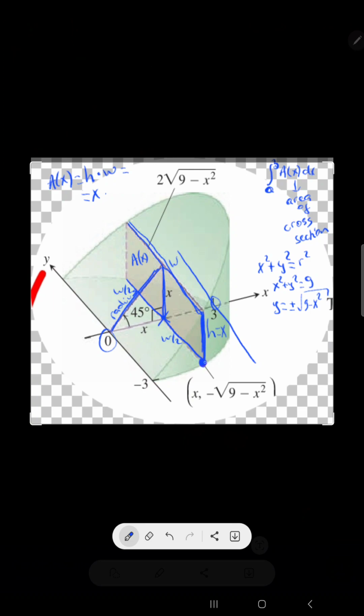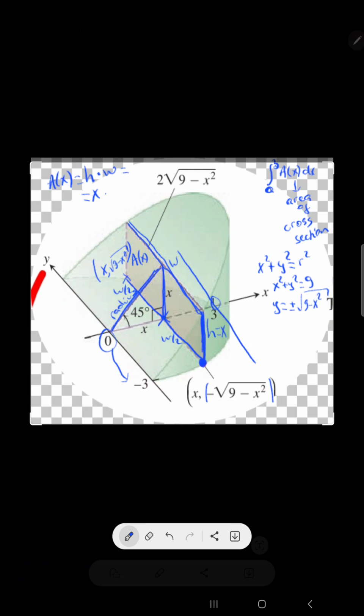Okay, so this point will be minus, because it's the left side of the coordinate, and this point will be positive, so this point will be x and plus the square root of 9 minus x squared.